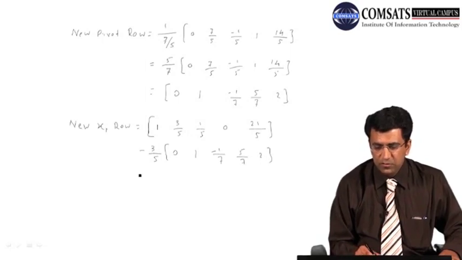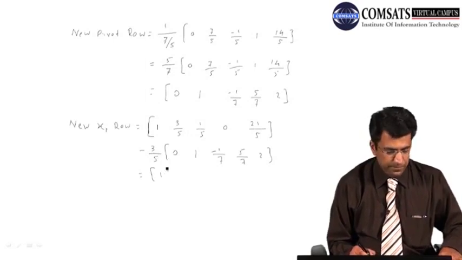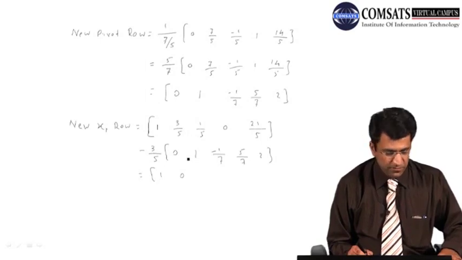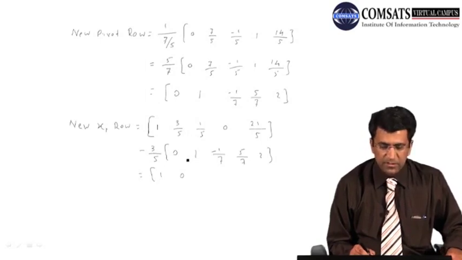Again we will compute the values. These will become 1 minus 0, this will become 1; 3 by 5 minus 3 by 5, this will become 0; 1 by 5 minus minus, will be plus, 1 by 5 plus 3 by 35.